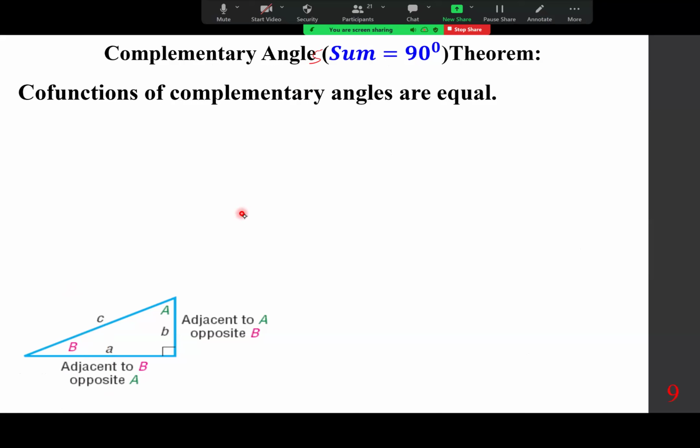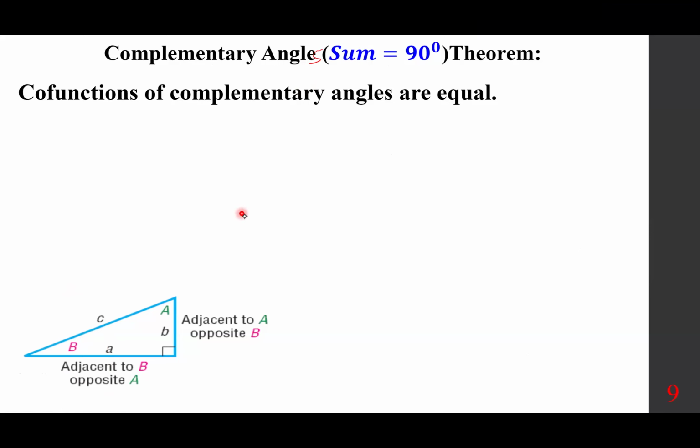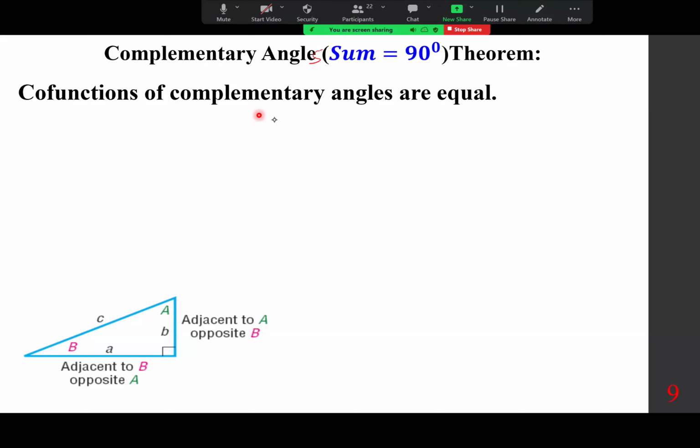Two angles that you've studied in geometry and algebra are considered complementary if they add up to 90 degrees, supplementary if they add up to 180 degrees, and so the other expression would be: co-functions of complementary angles are equal.